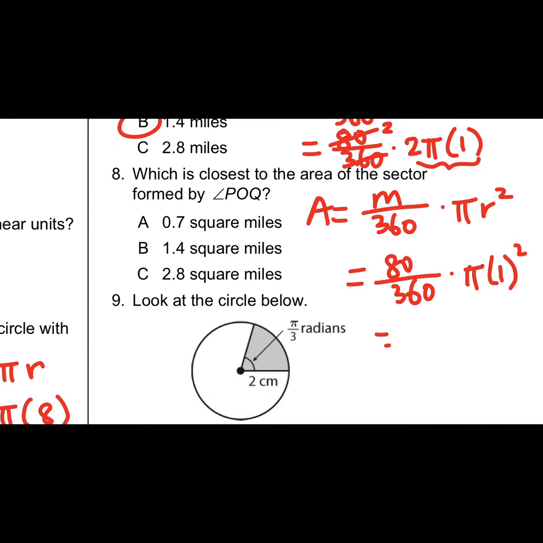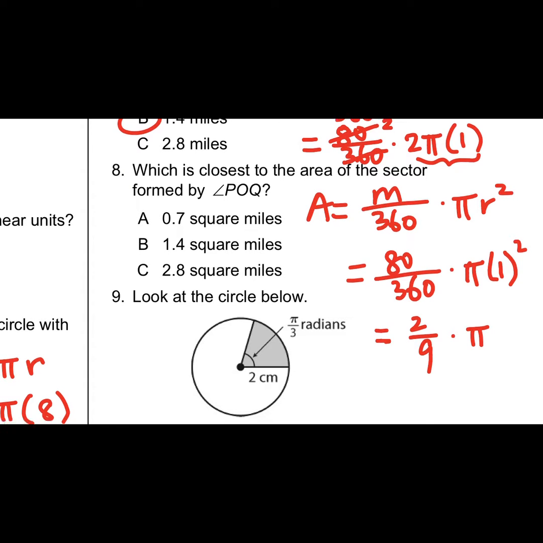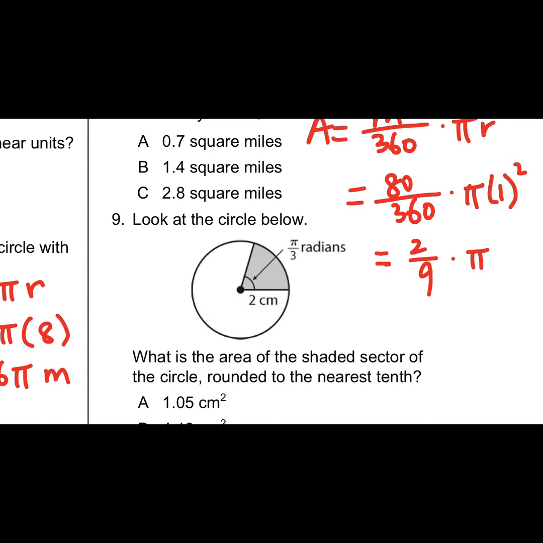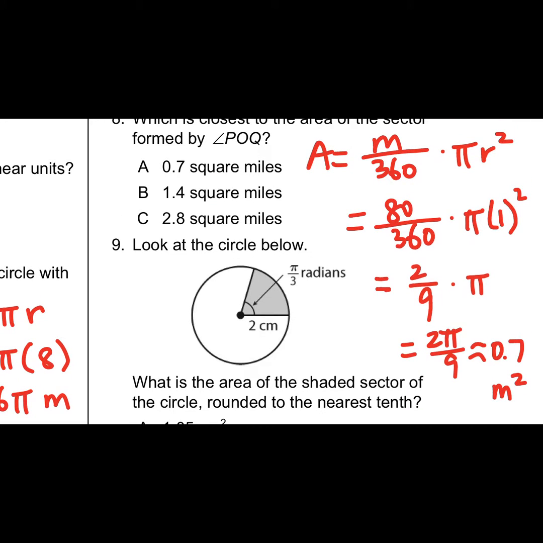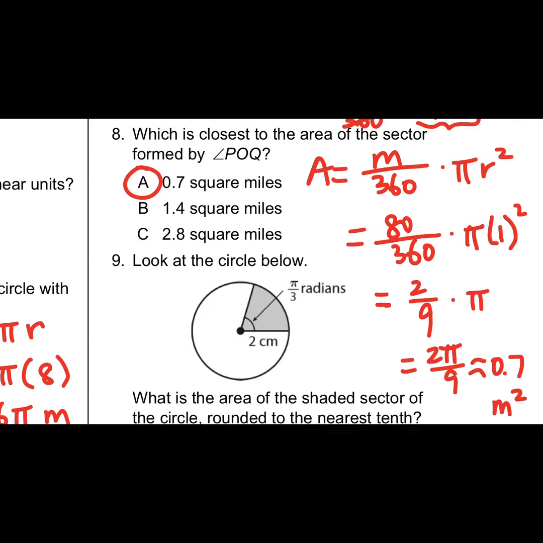And once again, this fraction reduces to 2 over 9. And then 1 squared is 1. 1 times pi is still pi. And so it's either going to be 2 pi over 9 or approximately 0.7 square miles. And so we will select answer choice A for number 8.